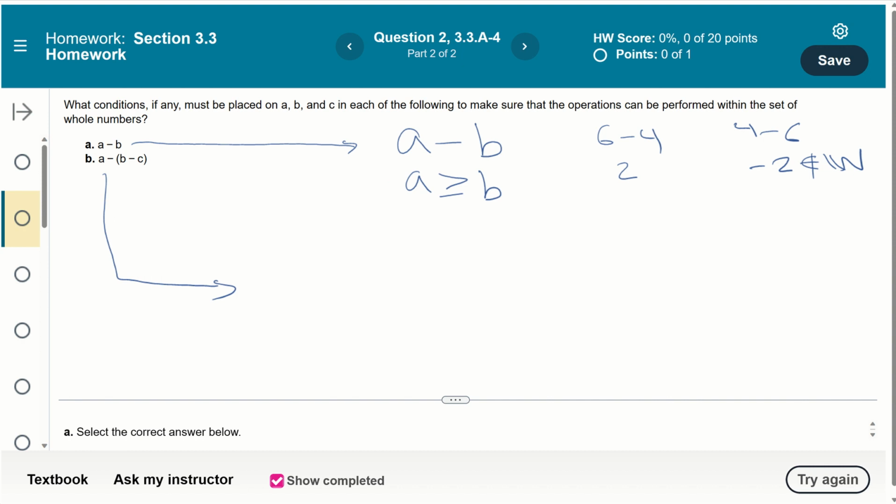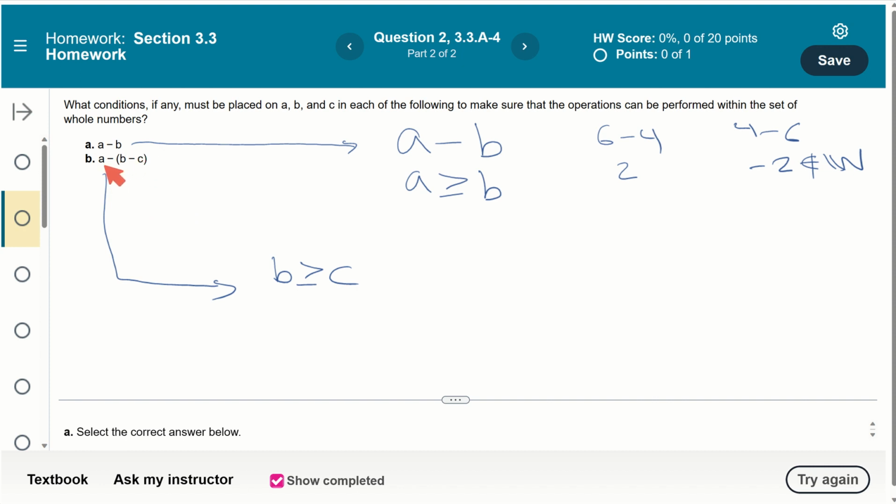Well, here we have two issues to deal with, right? Firstly, we have this subtraction within the parentheses, this group right here. That should also result in a whole number, so that tells me that B should be greater than or equal to C. Once that's taken care of, I'm doing a subtraction between A and this group.